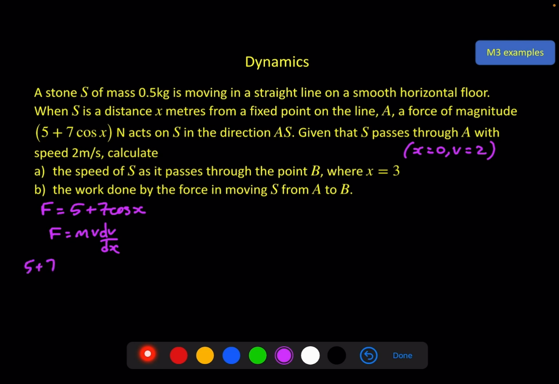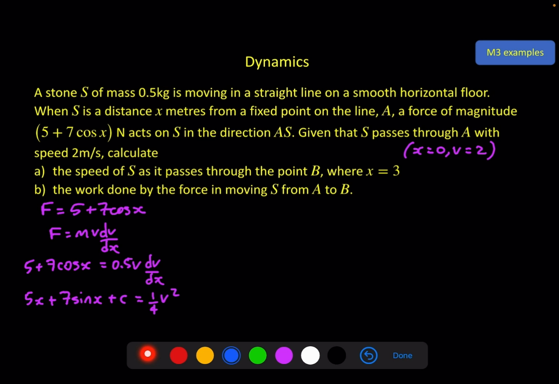Doing what we did before then, 0.5 for the mass, then separating the variables and integrating gives 5x plus 7 sine x plus c is equal to 1/4 v squared.